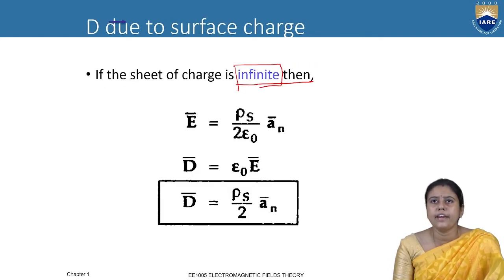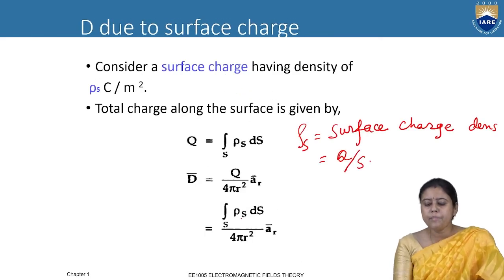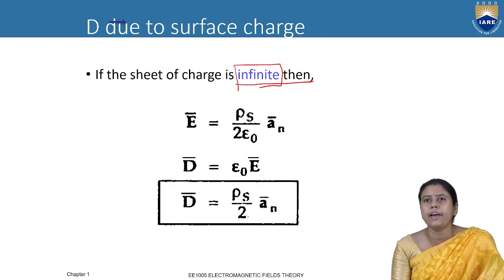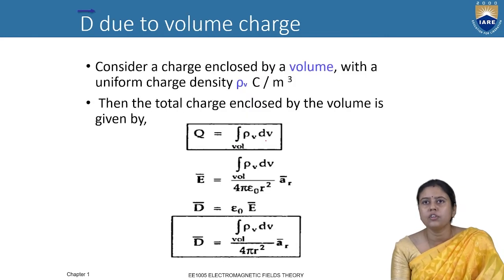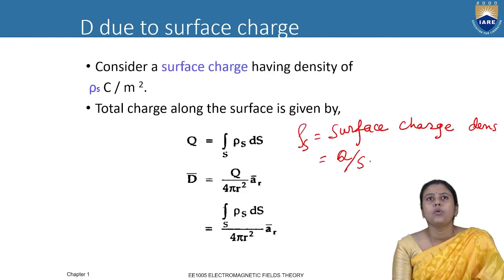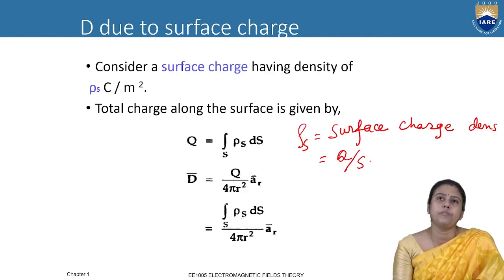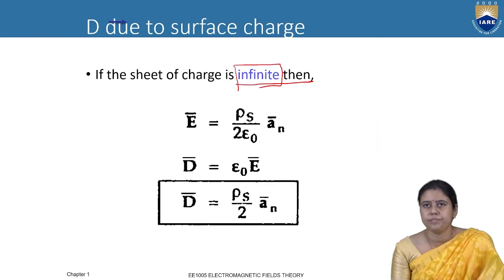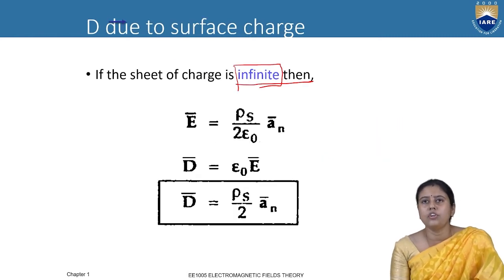It means the value of rho S is infinite, and here we get rho S by 2 epsilon 0, because when we are calculating the integration, we are giving the limit up to infinity. So D is equal to rho S by 2.